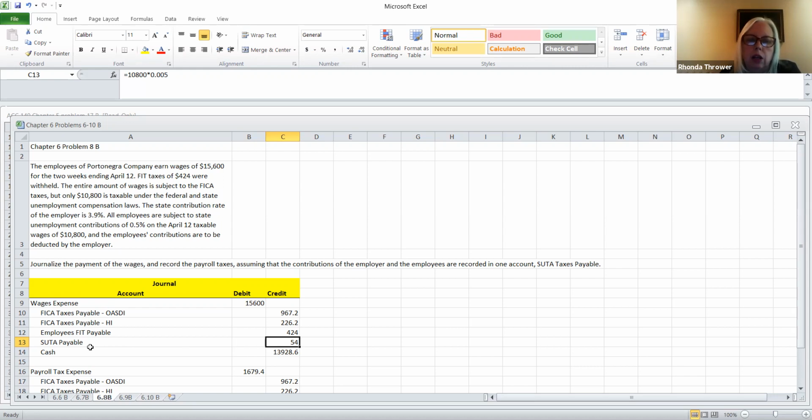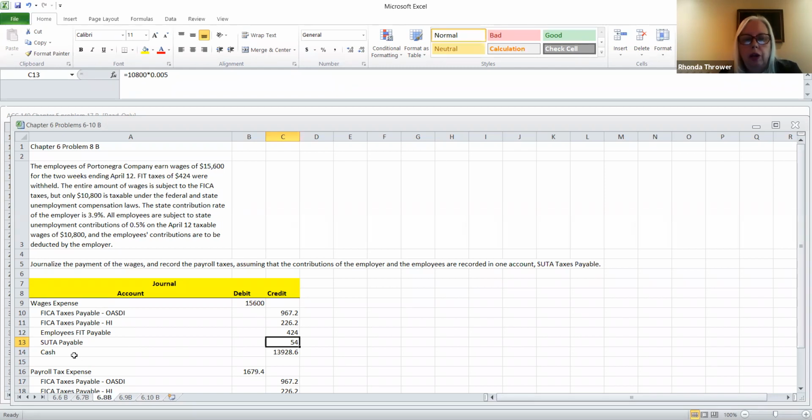And again, not all states require employees to pay SUTA taxes, but this is a state that is requiring the employee to pay SUTA as well as the employer. But this is the employee's portion. This is a liability, so that's why we credited it.